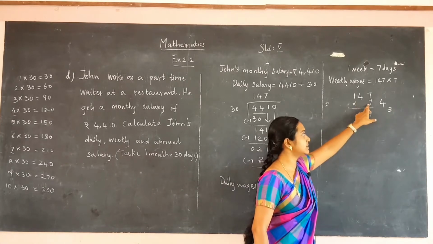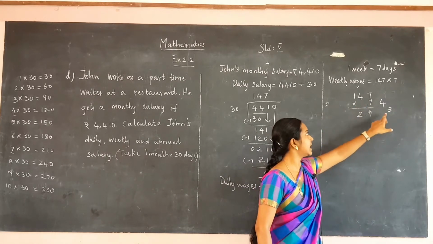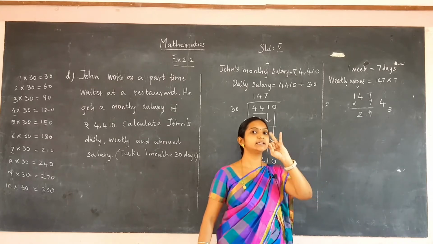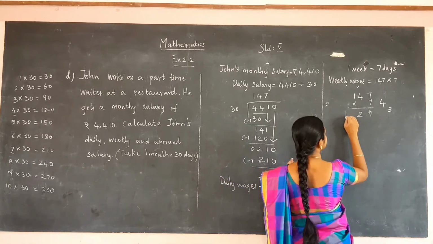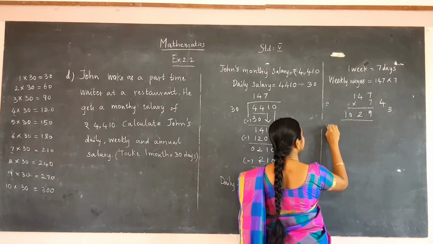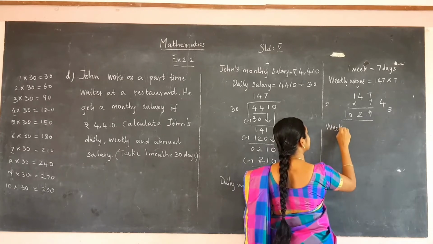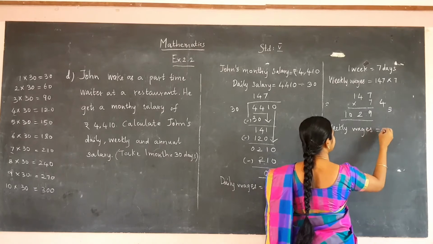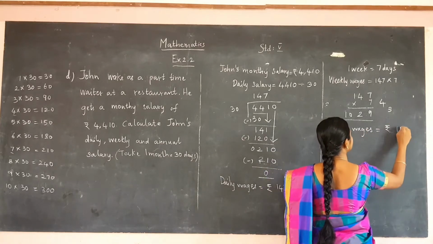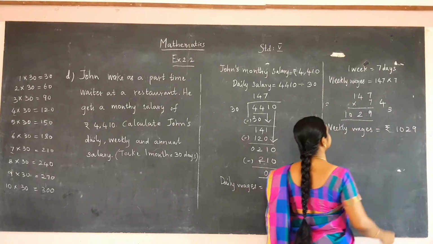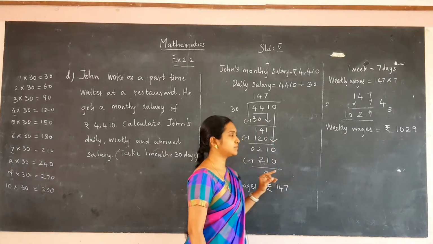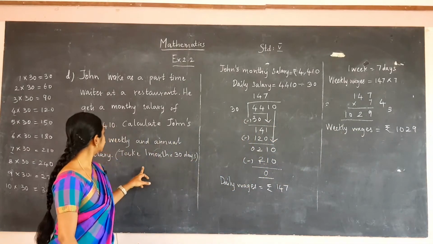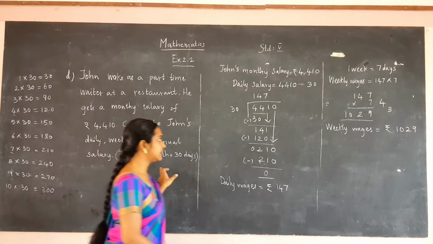1 into 7 will be 7. To 7 we have to add 3, that is 8, 9 and 10. So we have got the weekly wages. Weekly wages is rupees 1021. We have to find annual salary.